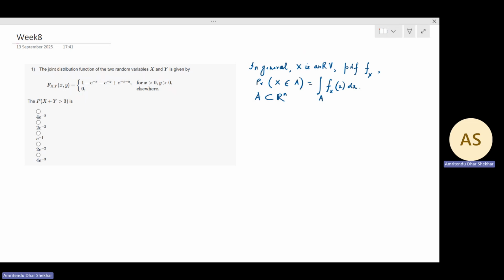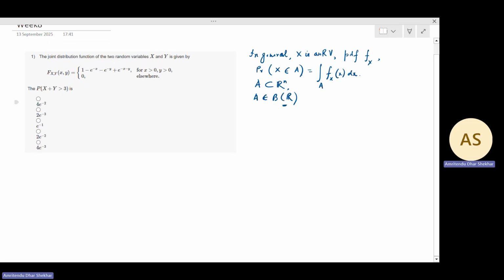This is how we generally compute the probability of x taking values in a particular set. And A, of course, is a measurable set, so A belongs to B of R.